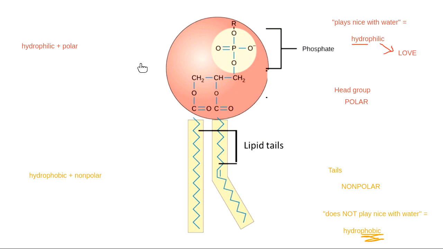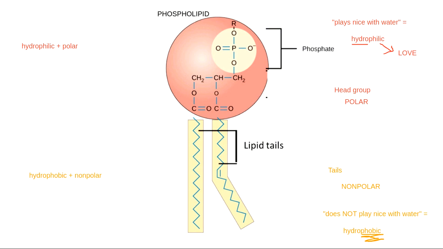So I've got this molecule right here. This is a phospholipid. Here, I'll add that title. This is what a phospholipid looks like. Two parts, the phosphate part and the lipid part. There's a word that I think you see at the very end of this lesson, and that word is called amphiphilic.